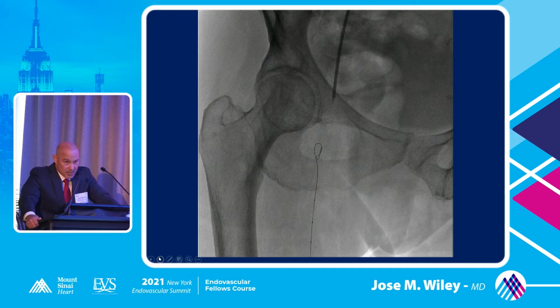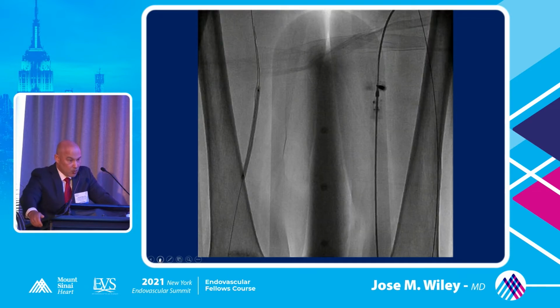We ended up in a subintimal space and could not cross into the true lumen. We then attempted antegrade crossing as well, and now we end up with two wires in subintimal spaces.